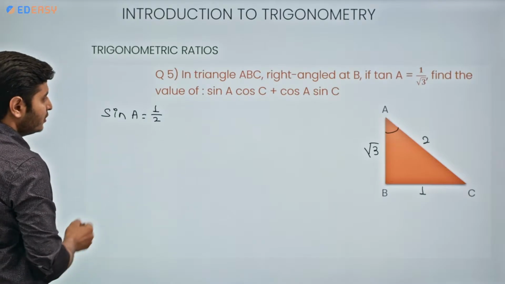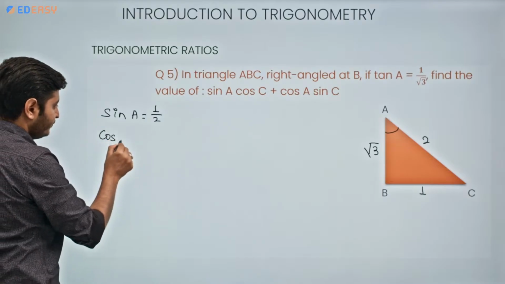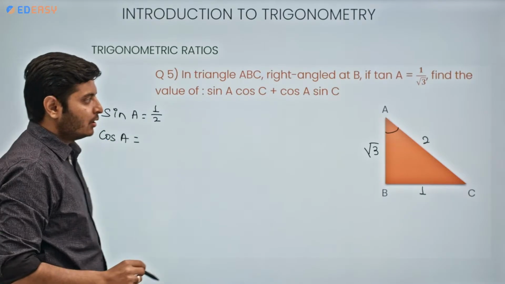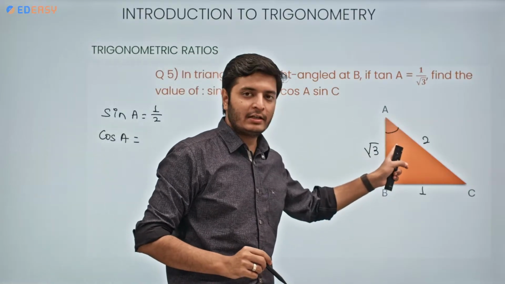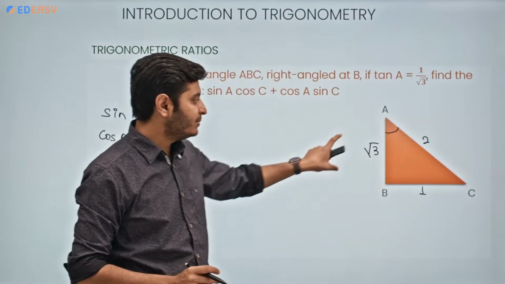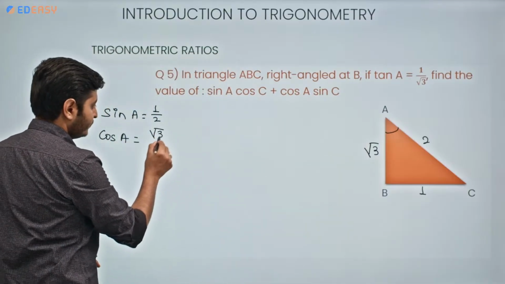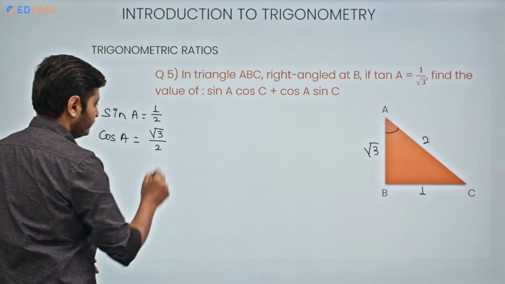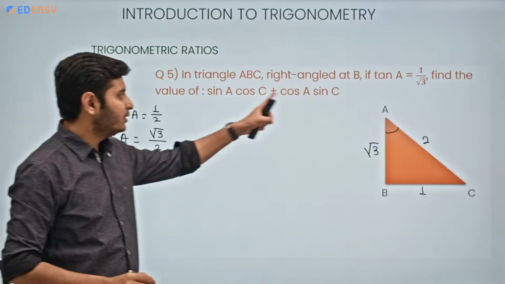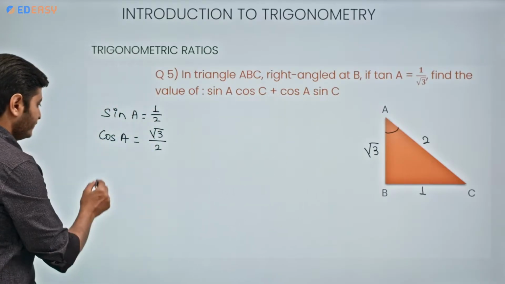Then cos A. Cos A with reference to angle A, which side is the base? AB. Root 3. Hypotenuse, same, 2.